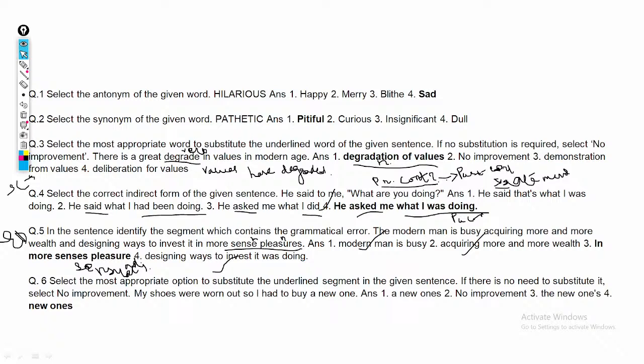Moving on to the next one, we have: my shoes were worn out, so I had to buy a new one. See, concentrate. In the first go, I believe almost 95% of students would believe that this is entirely correct and they will select no improvement, isn't it? But this is actually wrong.